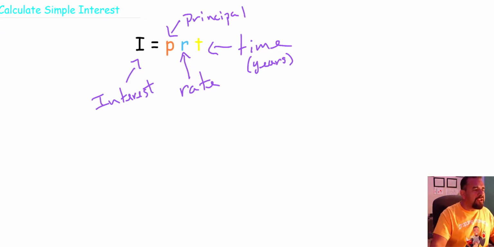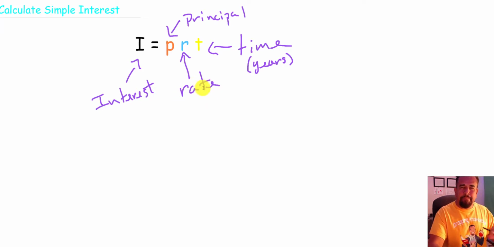All right? So now we have interest, principal. Remember, interest is what we're solving for. It's going to be a quantity of money that we're going to receive or pay out, depending on whether we're saving or spending money. We have principal, which is the original amount of money that we borrow or that we save.